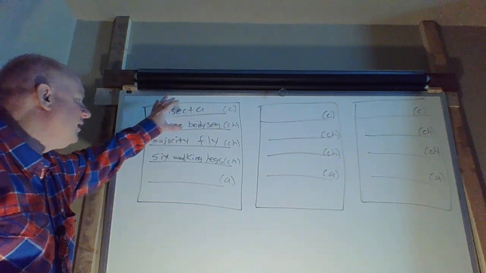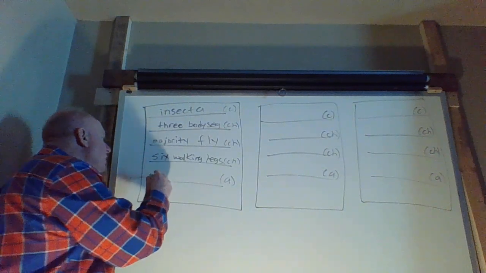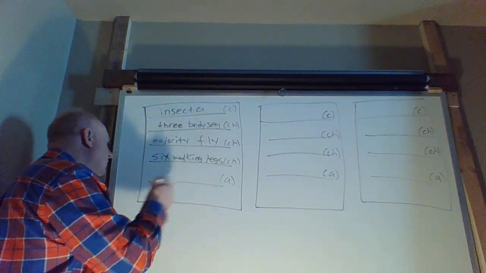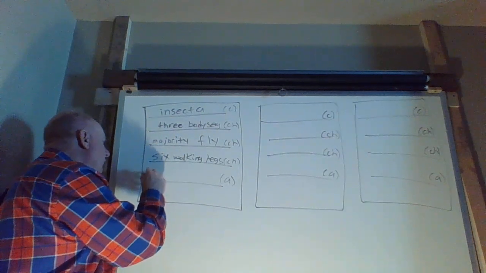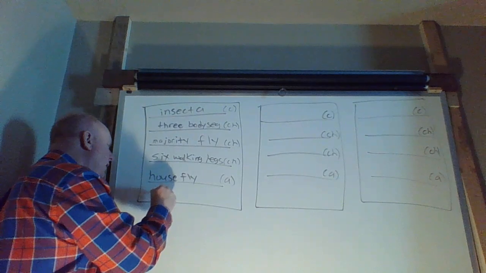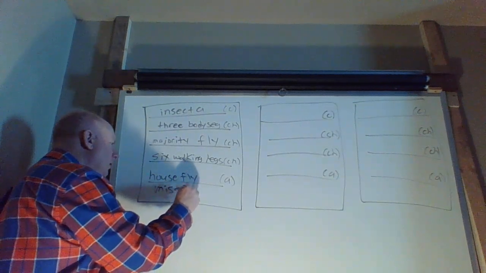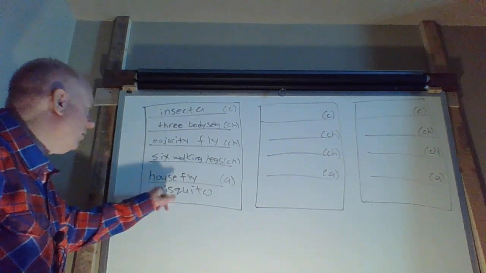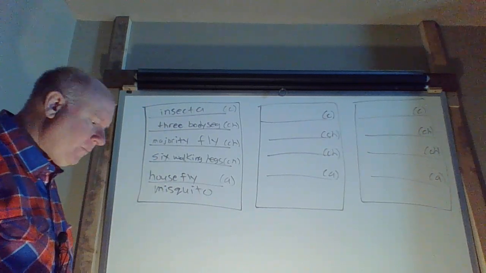That's why we have insects in a different class. So we'll just go ahead and you can put housefly and mosquito. So just do this, housefly, or if you want to do this, either one of those. There might be a silent E in there, but otherwise the mosquito.